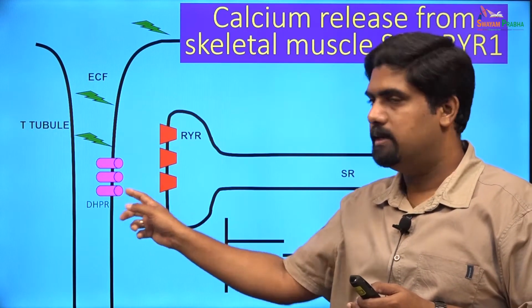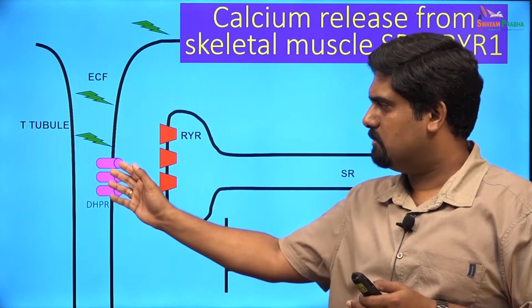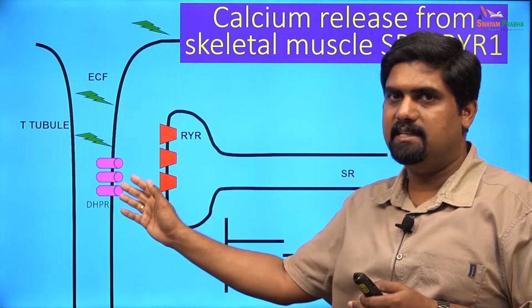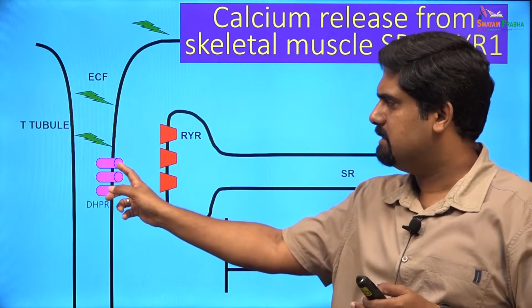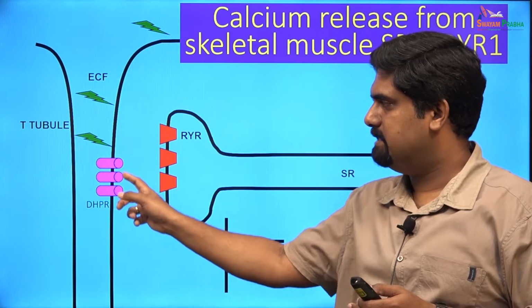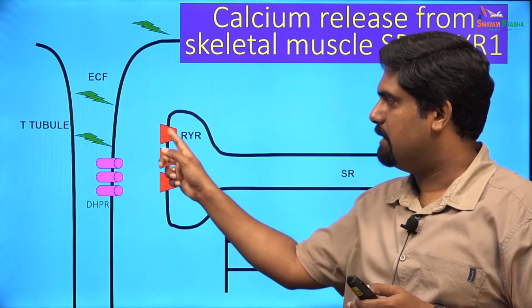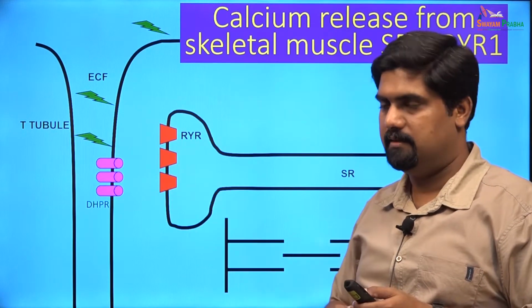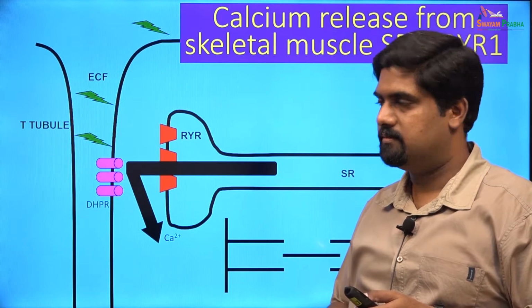They are opened by voltage or depolarization. They can also conduct calcium, but that calcium conduction is not important for their function. So when this DHPR is activated by a membrane depolarization, it causes the opening of ryanodine receptors present on the SR, and calcium is released from the SR into the cytoplasm.